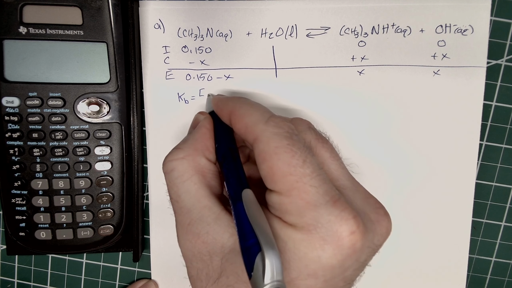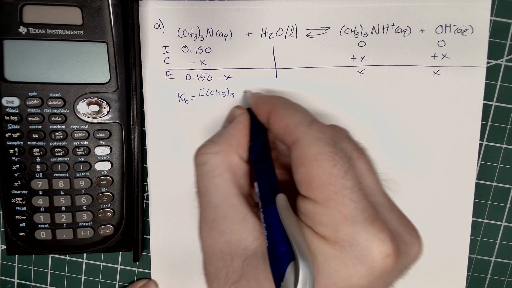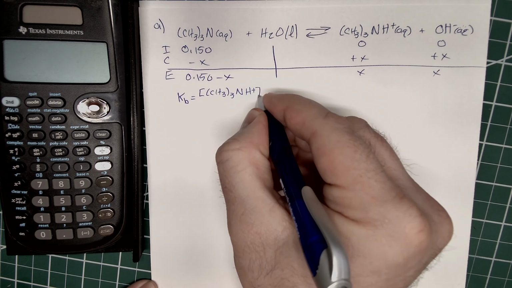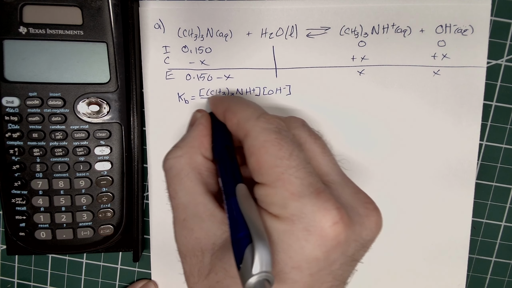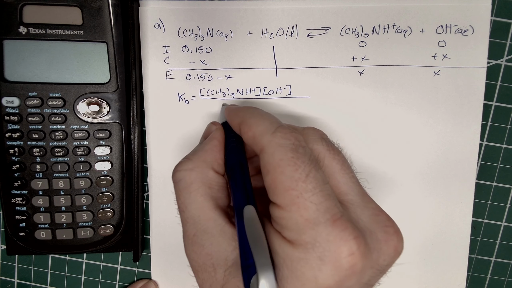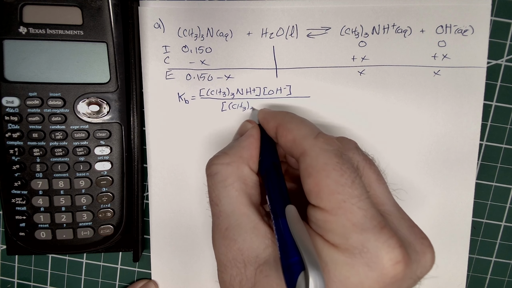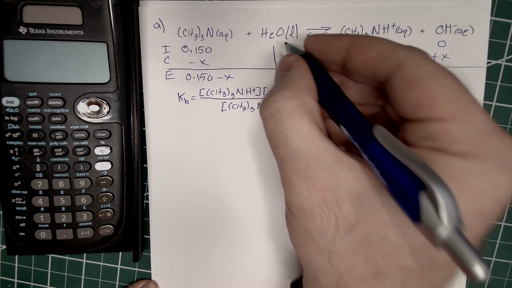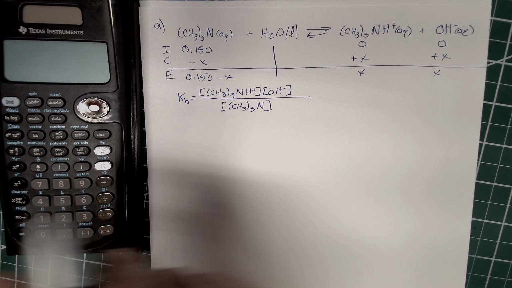Kb is equal to the concentration of CH3NH plus, so this, times the concentration of hydroxide divided by the concentration of (CH3)3N. Okay, and water we don't put into the expression because it's a solvent.